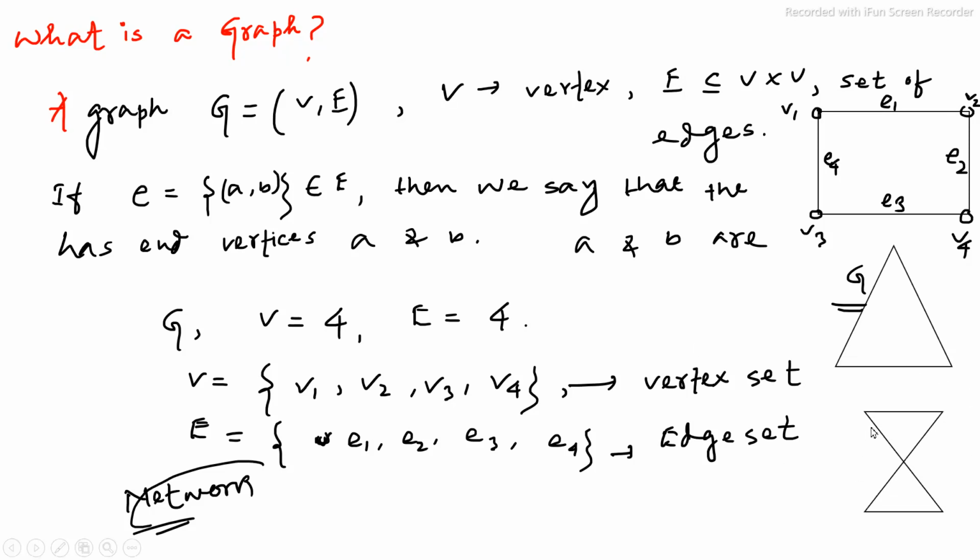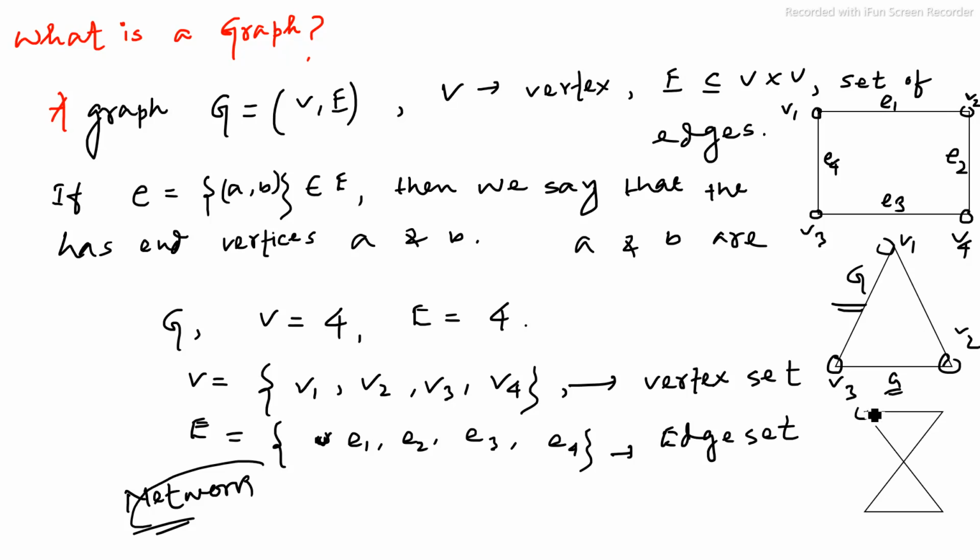These are also examples of graphs. Here the vertices are V1, V2 and V3, so the number of vertices is 3 and the number of edges is also 3.